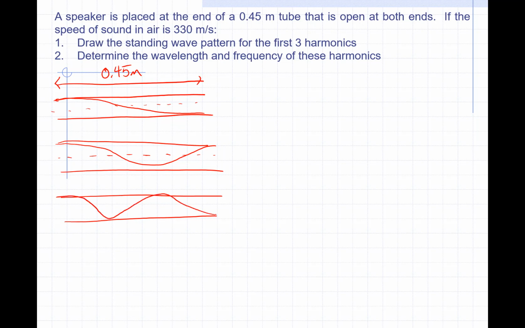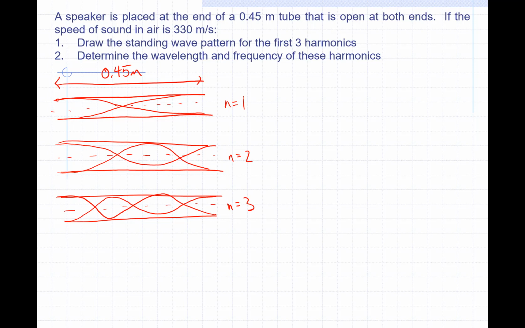It's kind of hard to draw like that. And often we'll draw it both ways, because it is going to vibrate back and forth. Okay, so this is n equals 1, n equals 2, n equals 3.